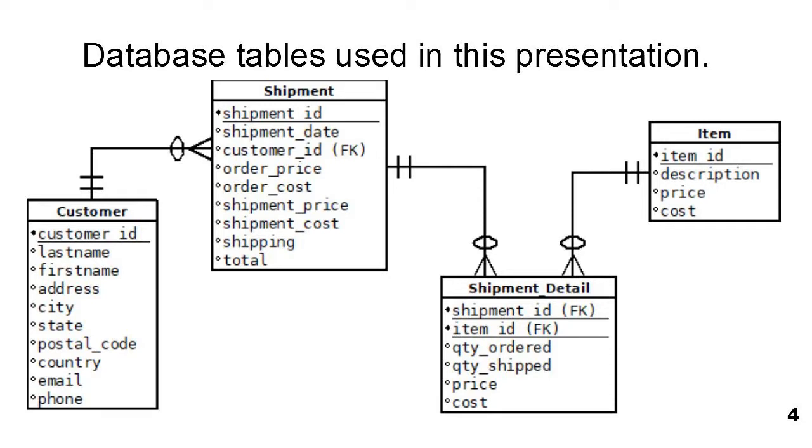So these four tables represent a company's shipments of items to customers. This data is available for download, and there will be a link below this video containing the download link to an SQL sample data file that you can load on your server.